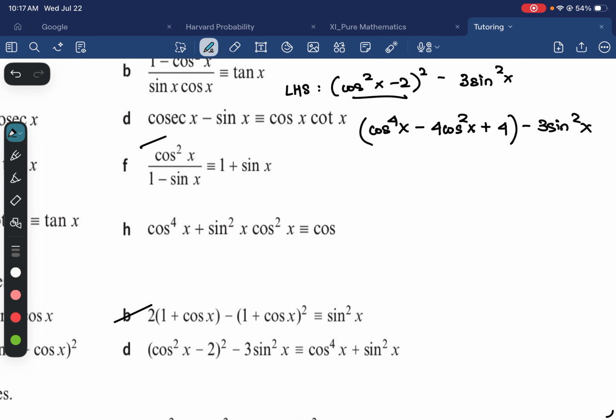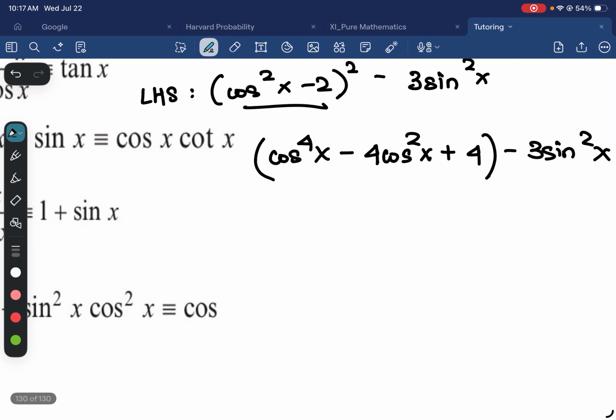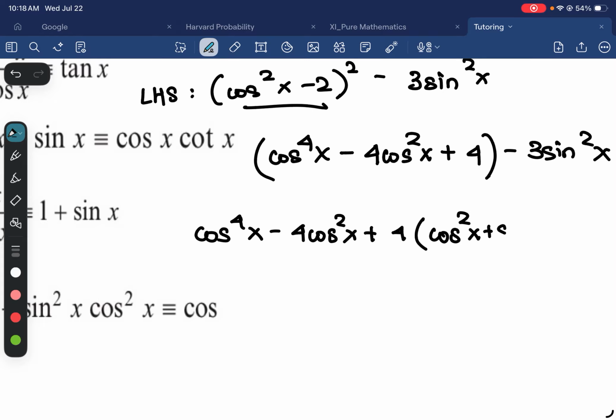Now, if you think about it, cos 4x minus 4 cos squared x. This 4 can be written as 4 times 1. And what is 1? 1 is just cos squared x plus sin squared x.